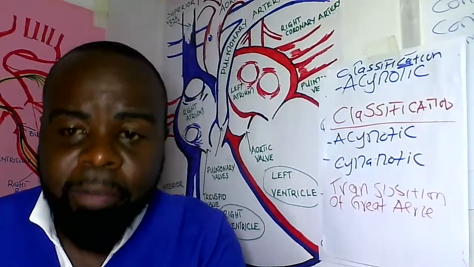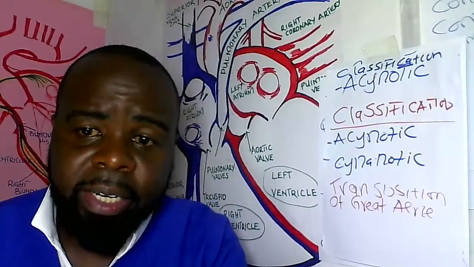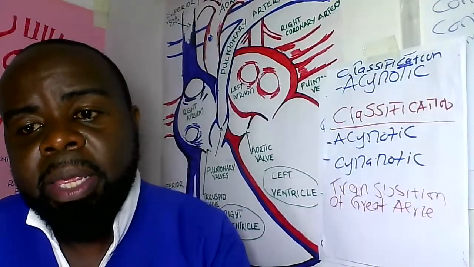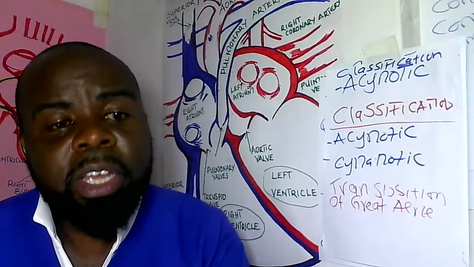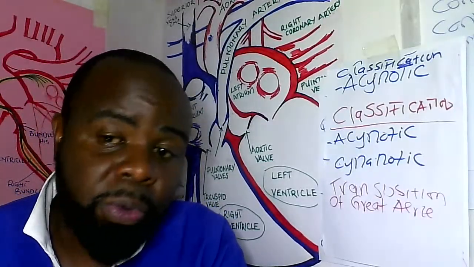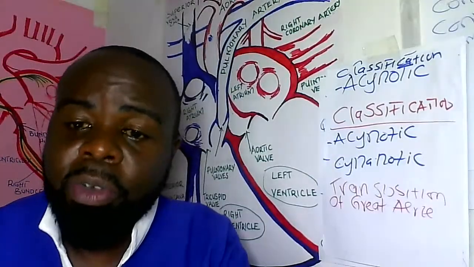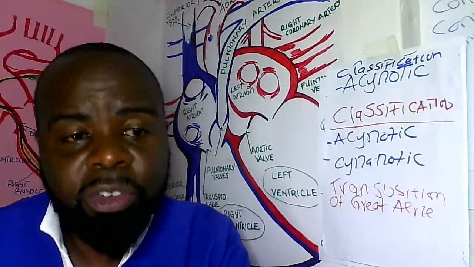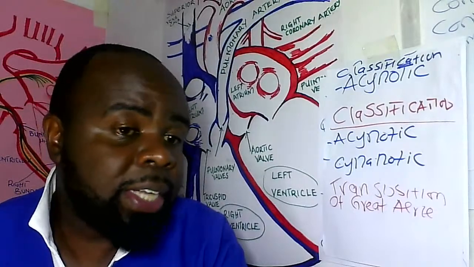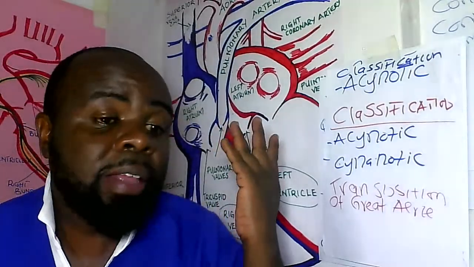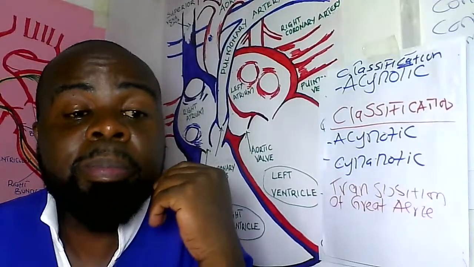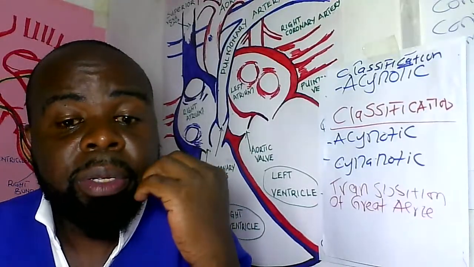Now, the older children always have easy fatigability, shortness of breath, and frequent chest complications, because with no oxygen, there is no good immunity, so you always get chest complications. Then complications: we have heart failure, and in some cases where the pulmonary vein is constricted, you will have pulmonary hypertension.